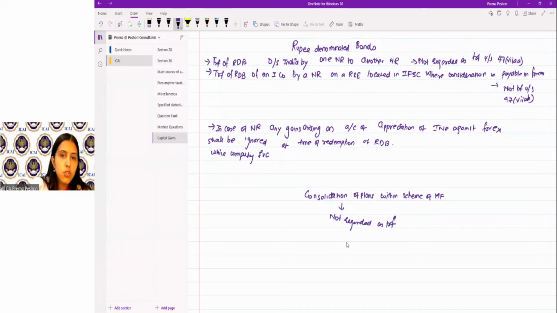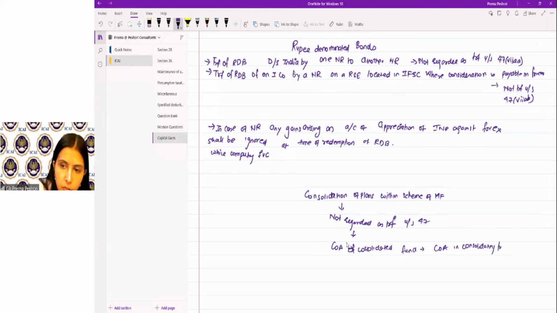So cost of acquisition, as I said, this is under 47. Cost of acquisition in the consolidated fund will be the cost of acquisition of unit in the consolidating fund. This is under section 49(1), right?